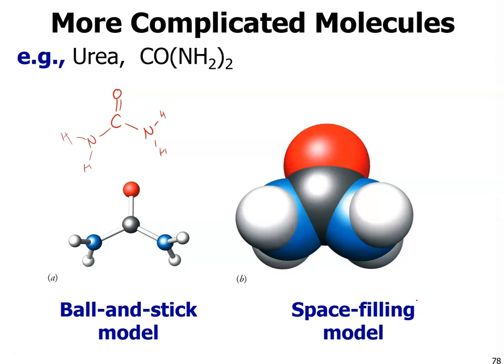You might have noticed I drew 2 lines over here. That's a special type of bond, a double bond. We'll talk about that later in the semester. But here I can recreate this using this format where I use the atomic symbols rather than the balls and sticks to represent this organization.